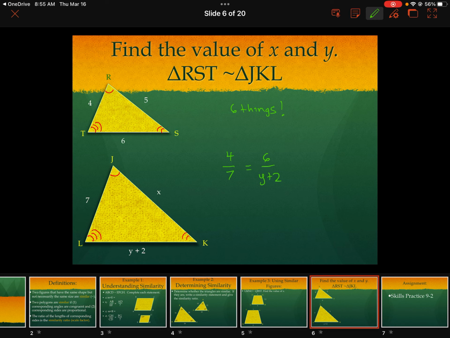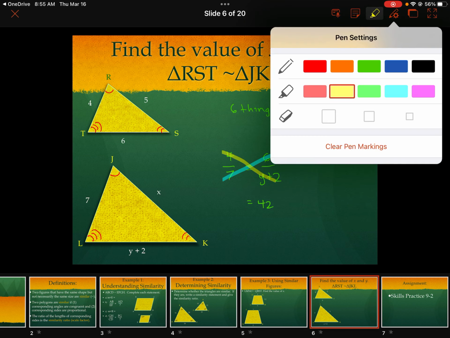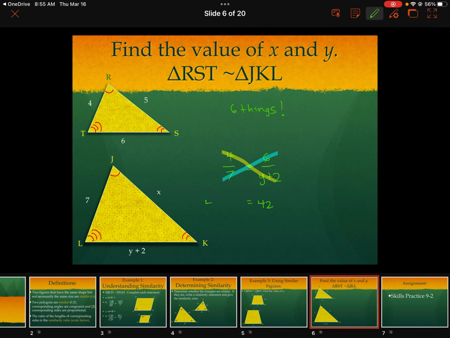And we're going to cross multiply. 7 times 6 is 42. 4 times the quantity y plus 2, be careful there, I'll write it like this. You need to distribute. So 4y plus 8 is 42.